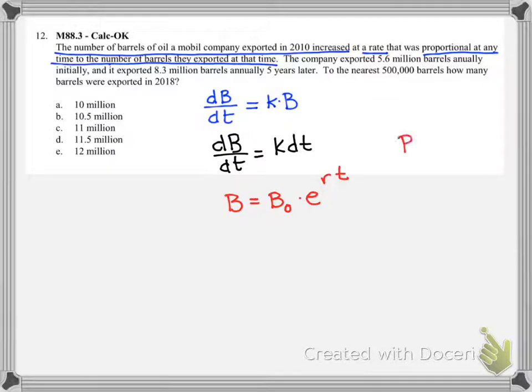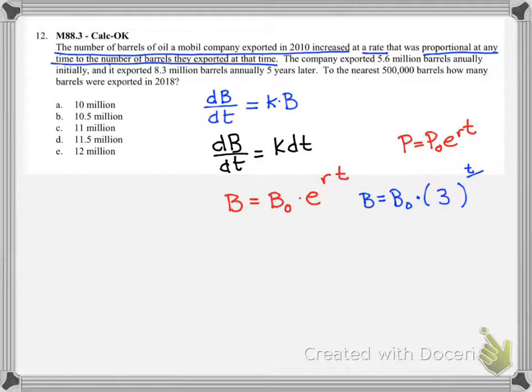This might look more familiar as Pert from a pre-calculus class. It also could be written as the amount of barrels equals the initial number of barrels, B naught, times, if we were thinking about tripling, the tripling rate raised to the time over the time to triple.